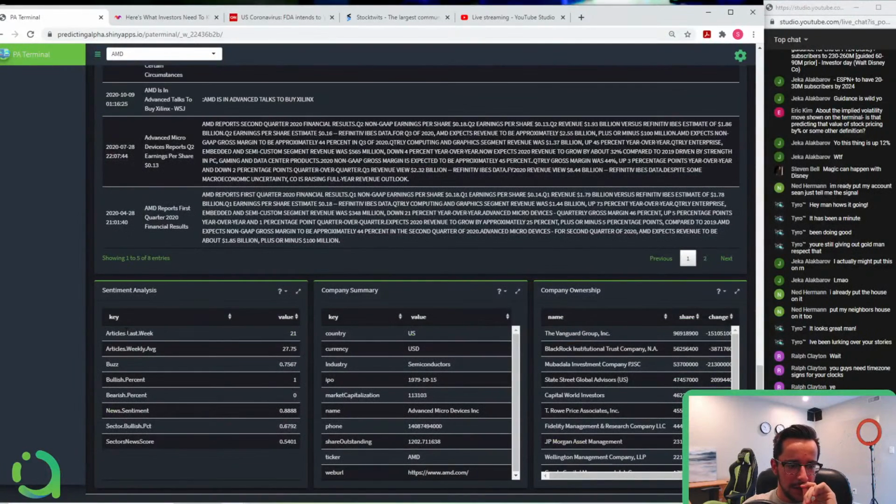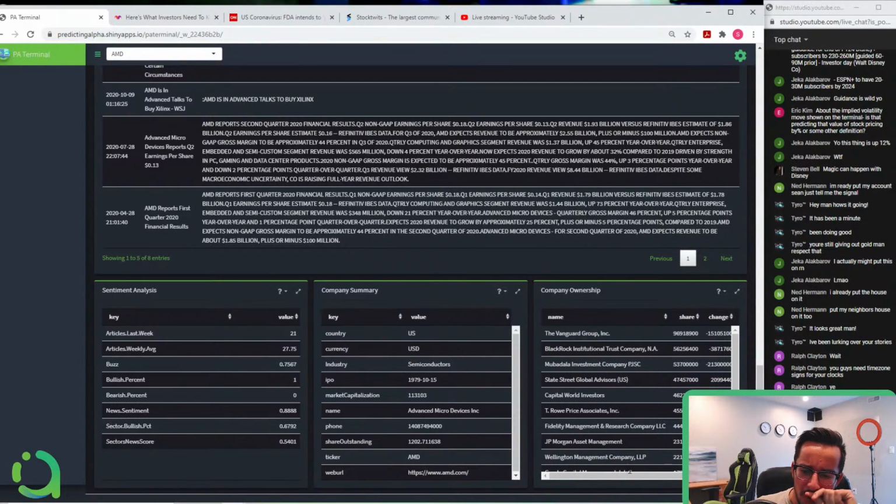Articles published last week was just 21 compared to an average of 27 that are published about AMD. We can see that the buzz is about 75% and sector bullishness is about 67. News sentiment is about 88. So the market's a little bit more bullish about AMD than it is about the rest of the semiconductor industry.